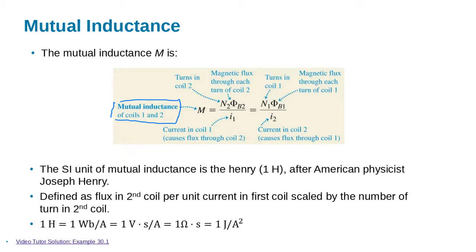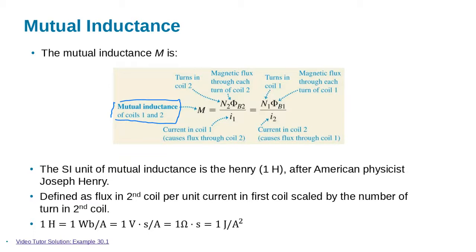And then the ratio of the number of turns in coil 1 times the flux through coil 1 divided by the current in coil 2 is exactly the same ratio as in the first situation. So sending a changing current through either coil gives the same mutual inductance. You could use either situation to calculate the mutual inductance.